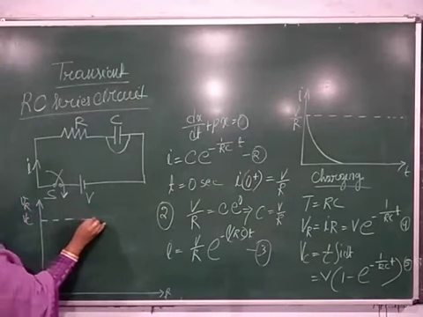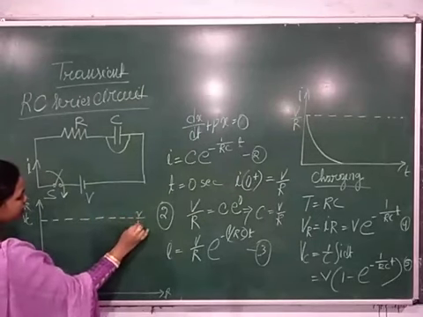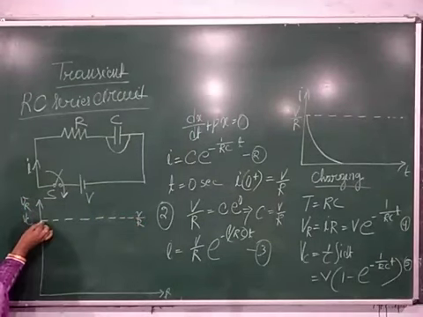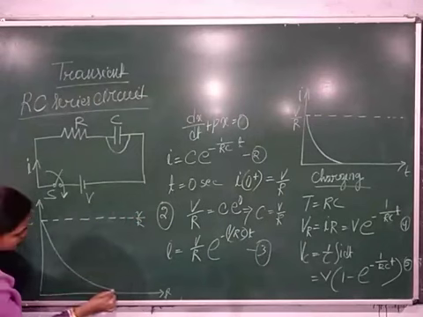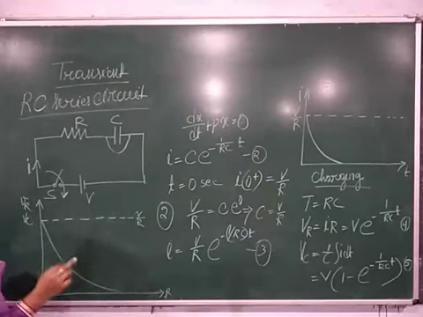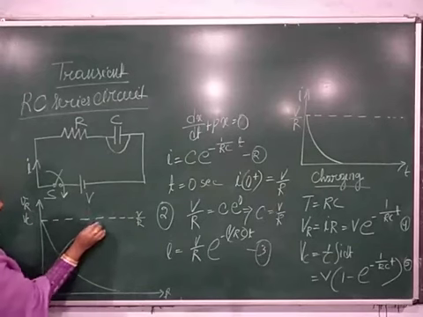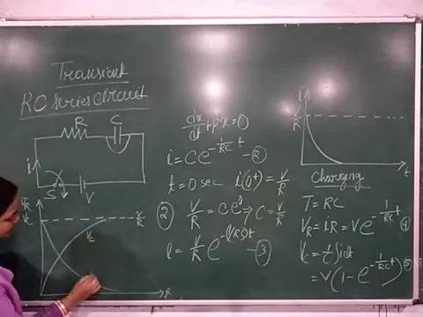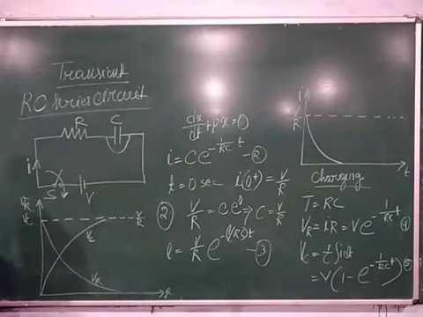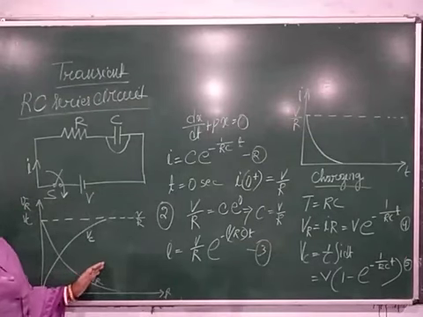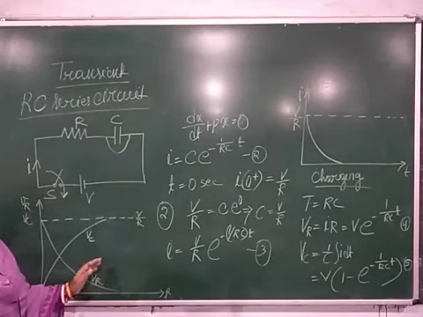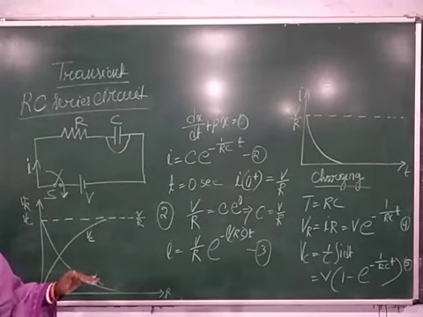This one is the steady value, that is V. So the voltage across the resistor is exponentially decaying, and the voltage across the capacitor is exponentially rising. This is VC and this one is VR. This is the nature of the curves of voltage across the resistor and capacitor during the charging case.